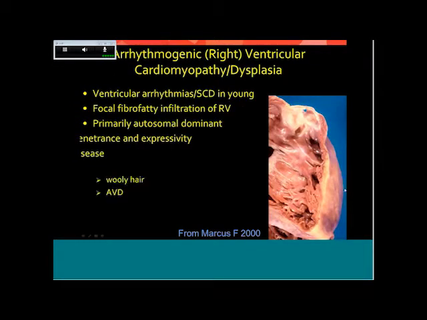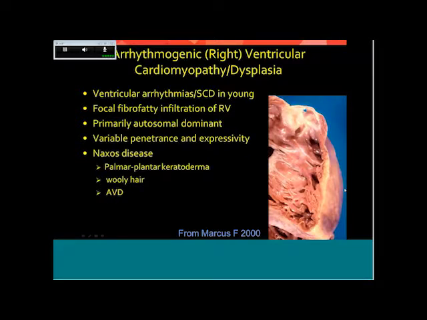Another type that's being more frequently recognized, much more common in people of Italian, Greek, or Mediterranean descent, is something called arrhythmogenic ventricular cardiomyopathy, or dysplasia. It is a constellation of ventricular arrhythmias and sudden cardiac death in young people, usually not children, but maybe ages 15 to 40.